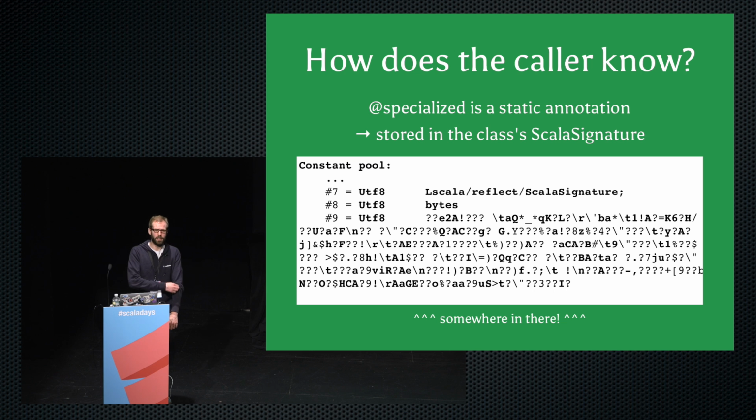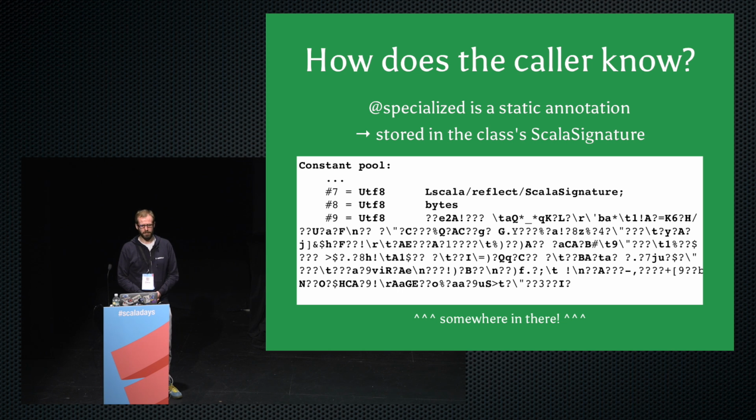One thing that I didn't understand for quite a while is how does the caller, how does the client code know that MySpecialMap is actually specialized? Say if I want to release MySpecialMap as a library and I put it in a jar, stick it on Maven Central, and then somebody wants to use it, how does the compiler know that it's actually specialized?